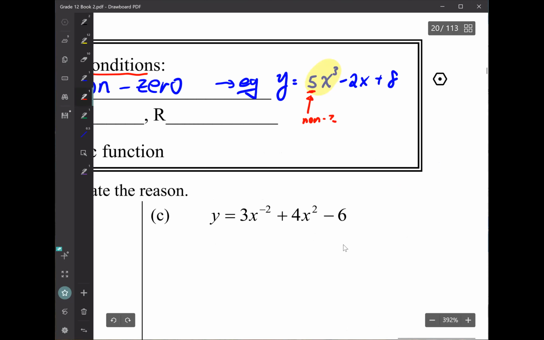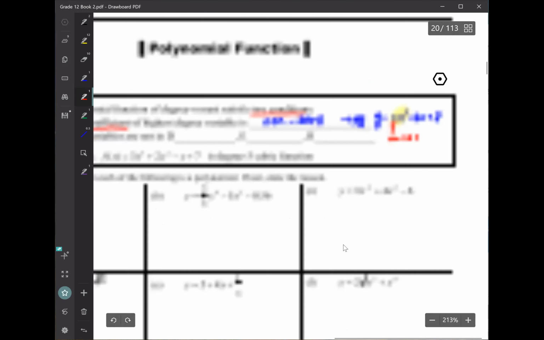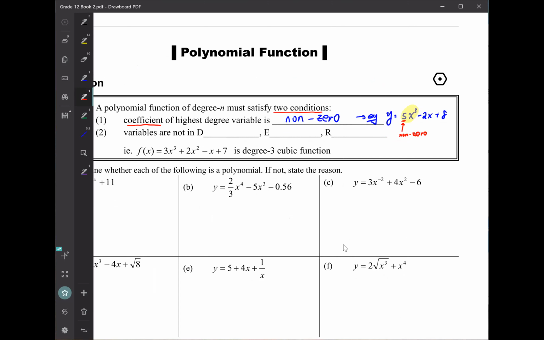So over here, back to here again. So this one is non-zero, okay? So that's for the coefficient, right? Next thing is about the variable. So like the x. So variable cannot be inside the denominator. So the first one is the denominator.